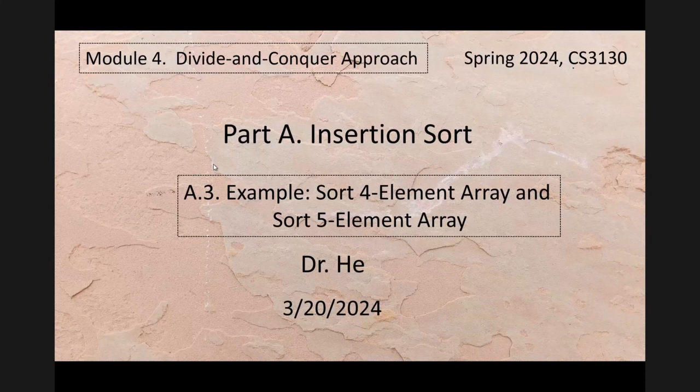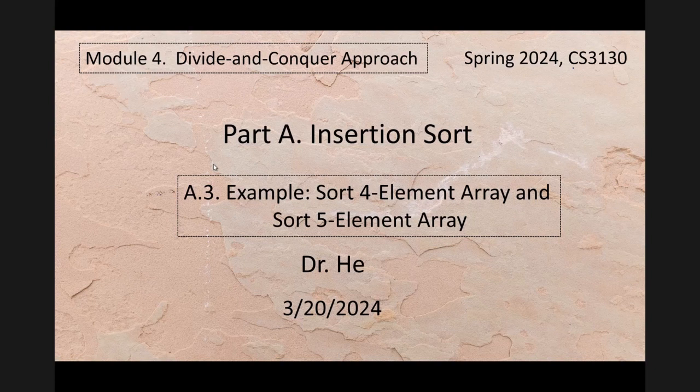So next, I want to generalize the insertion sort idea to sort a 4-element array and a 5-element array, these two special cases. It is partially based on the insertion sort, but not completely. That means we need to modify insertion sort. So let me show you the details.